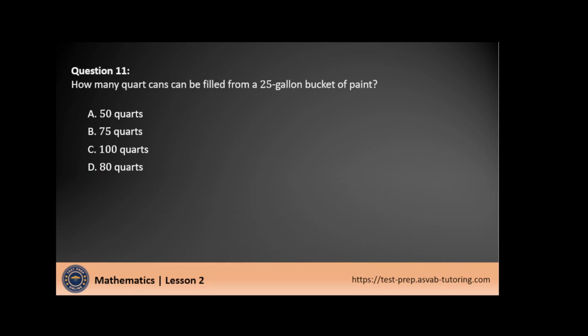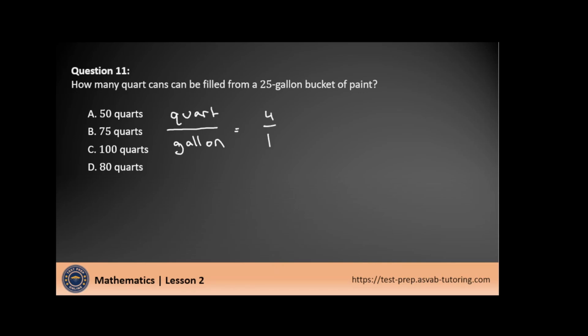Question 11, how many quart cans can be filled from a 25-gallon bucket of paint? So let's set up a ratio between quarts and gallons. We know that 4 quarts equals 1 gallon, right?